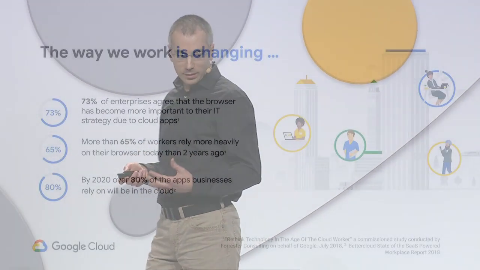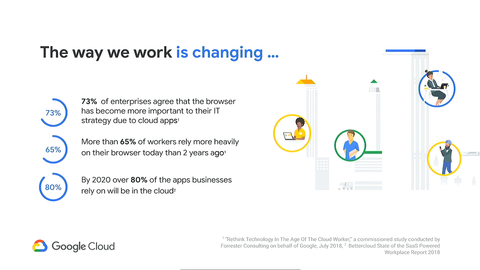So in that context, since the browser is quickly becoming the centerpiece for the delivery of business-critical applications, we see IT administrators getting very interested in trying to understand how they can manage Chrome. And so the feedback that we're seeing, or the statistics that we're seeing from IT administrators and IT workers, are that both are seeing this shift towards the web. Here you can see some stats: around 73% of enterprises agree that the browser is becoming more important for their IT strategy.